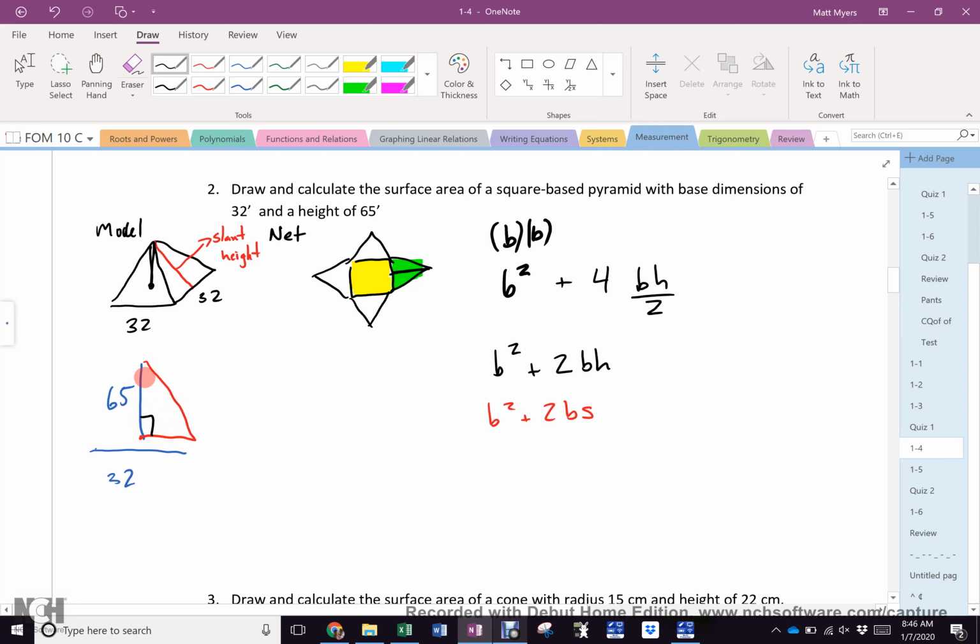Which means what am I allowed to do with it? Amelia, what am I allowed to do with a right angle triangle? A squared, B squared, C squared, right? But a lot of you are going to screw this up. How long is the bottom here? 32, but it would be 16. It's only 16, isn't it?